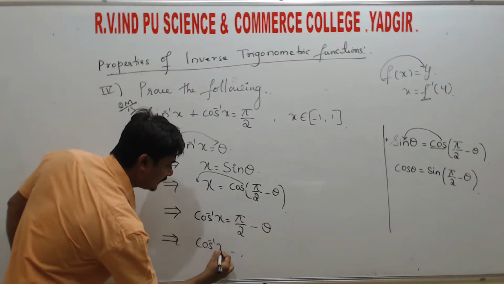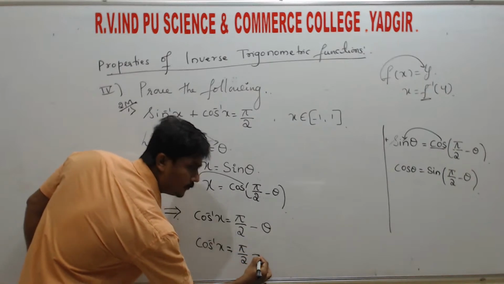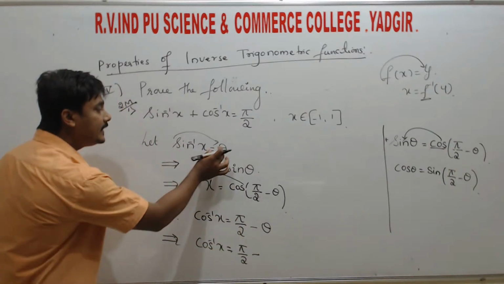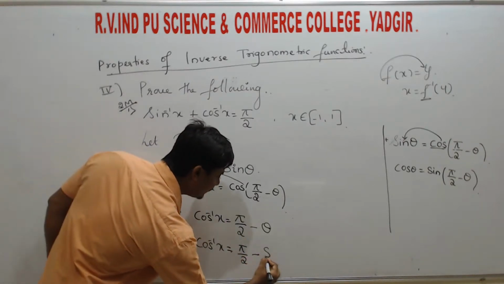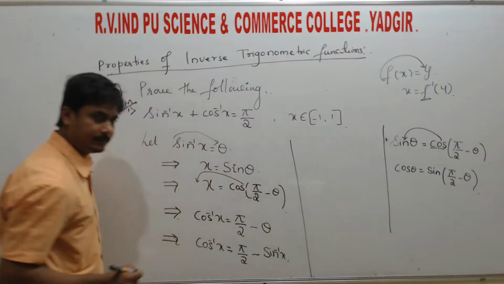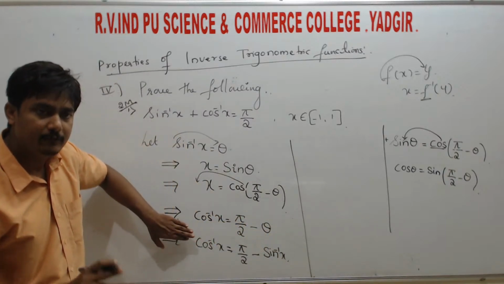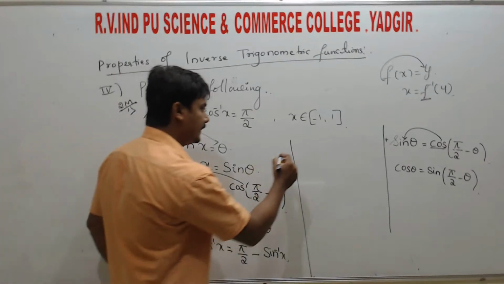Further, cos inverse x equal to pi by 2 minus, what is theta? We have taken theta as sin inverse x. Further, take this minus sin inverse x to the left side, it will become plus sin inverse x.